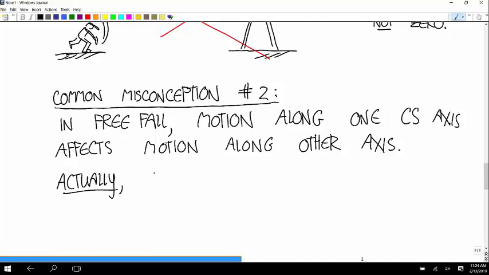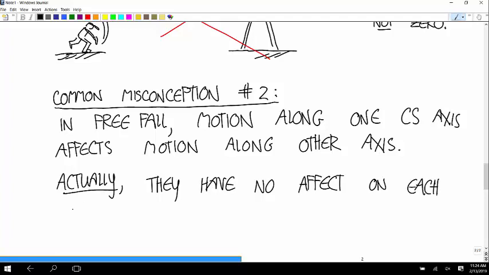What we saw looking at those equations is that no x components cross over to y equations and vice versa. And so what happens along one axis is happening totally independent of what's happening in the other axis. They have no effect on each other.